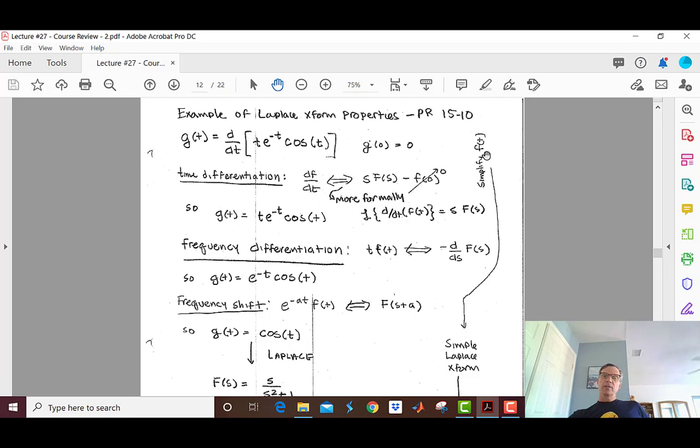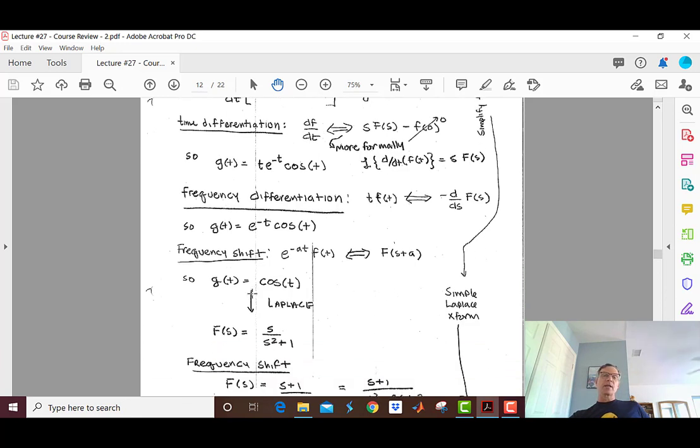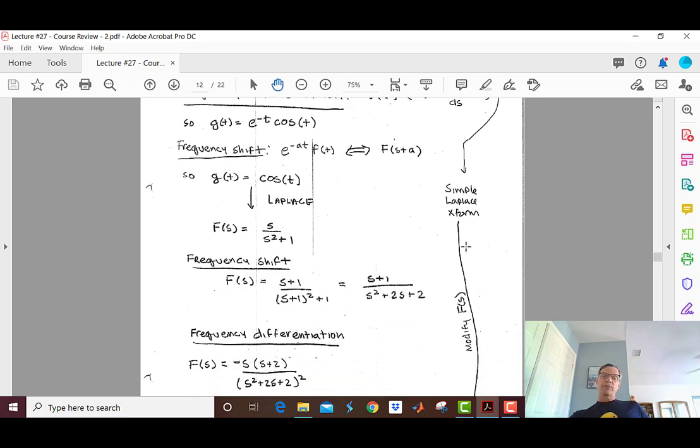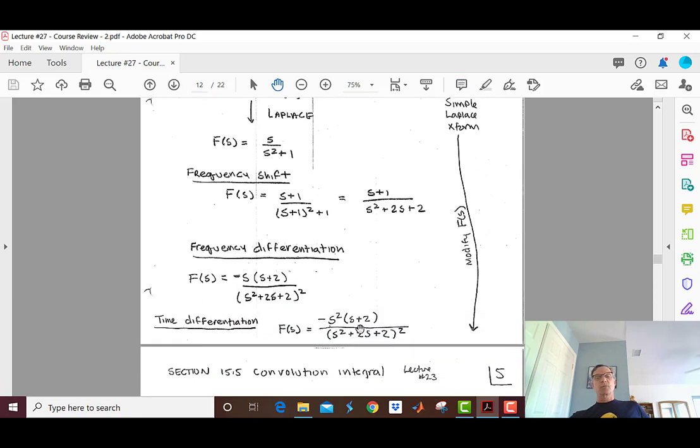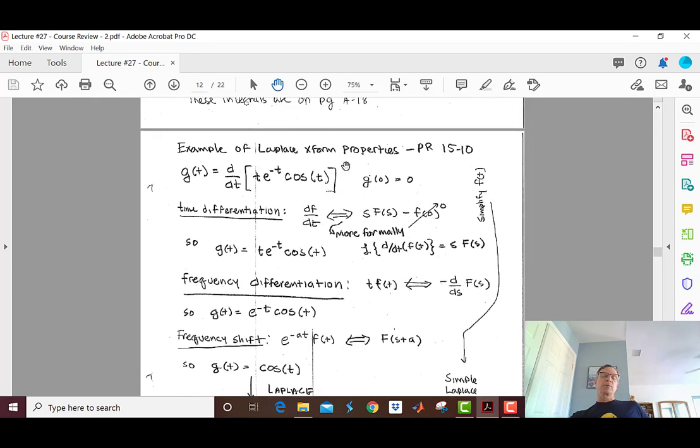So we simplify, simplify, simplify, go to the frequency domain right here where it says Laplace. Then we're going to modify F(s) based on our simplifications above, and we're going to pop out the big ugly answer to the big ugly time domain problem.